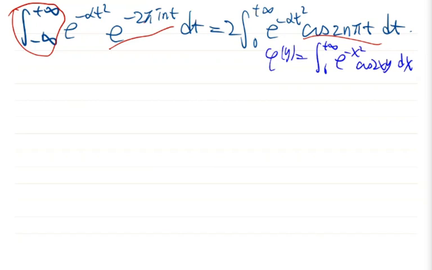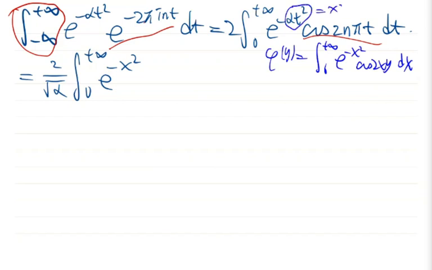Therefore, we make a change of variable, that is 2 square root alpha integral 0 to positive infinity exponential of minus x square. That is, we let alpha t square be x square, or x be square root of alpha t. Make this change of variable.